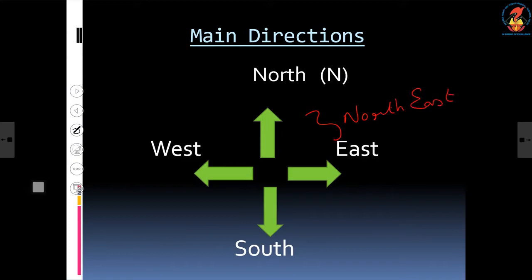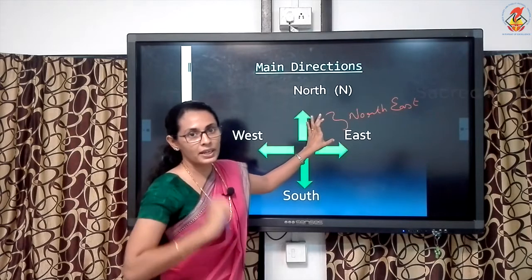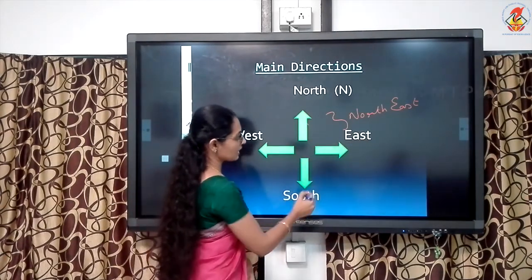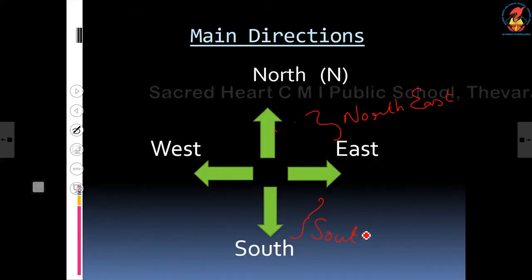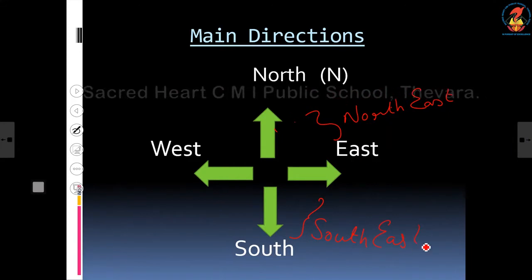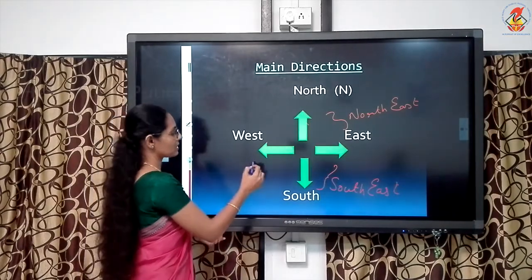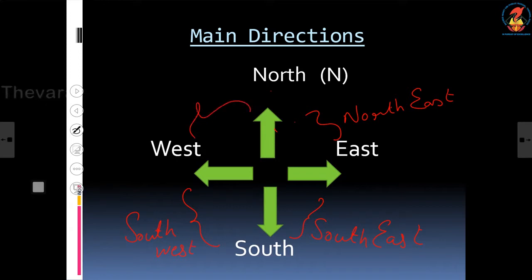In between east and south, this direction is known as southeast. And in between west and south, here it is known as southwest direction.